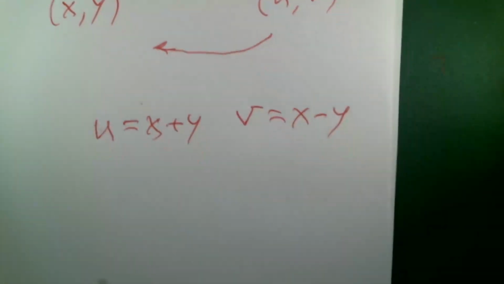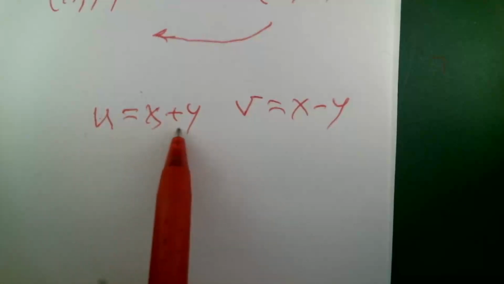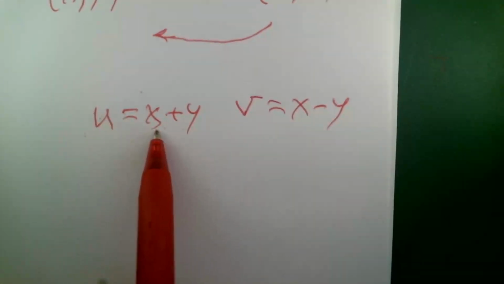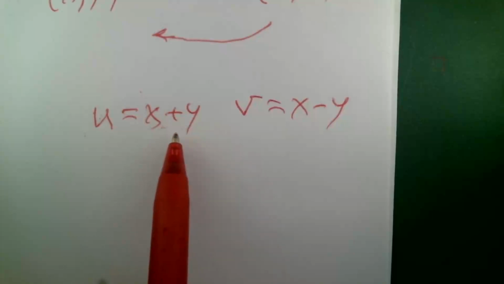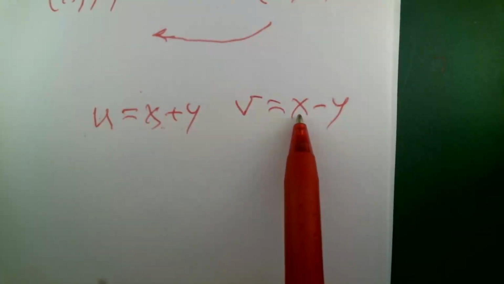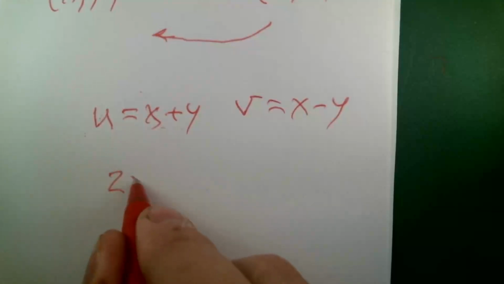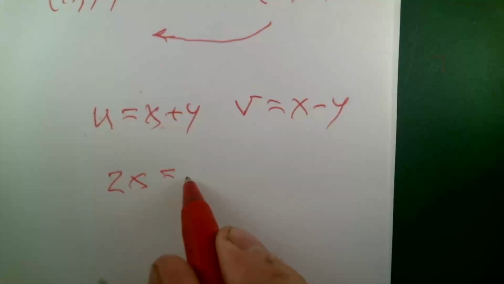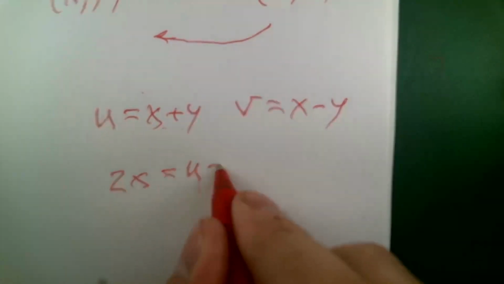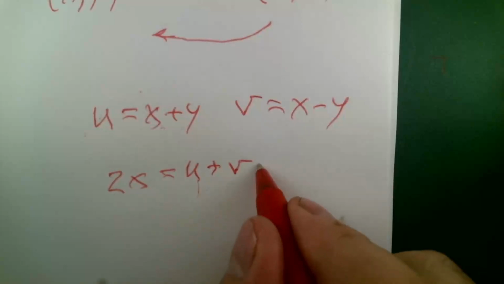Have you ever done this kind of solving a little system of equations? I think many people have. The trick on this particular one is if you add both sides together, the y's get canceled. So if we have x plus y plus x minus y, you'll end up with 2x on one side, and that would be u plus v, because I just added the two equations together.